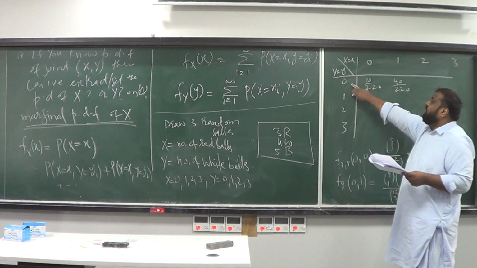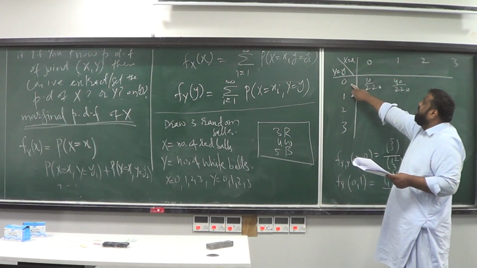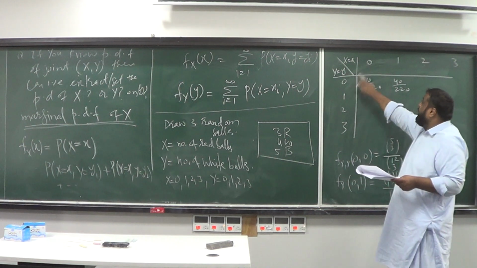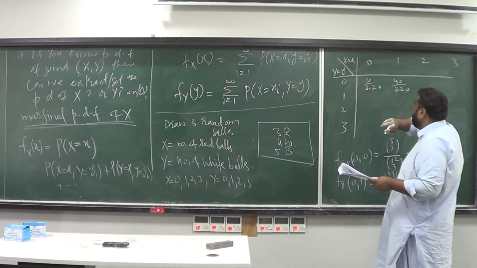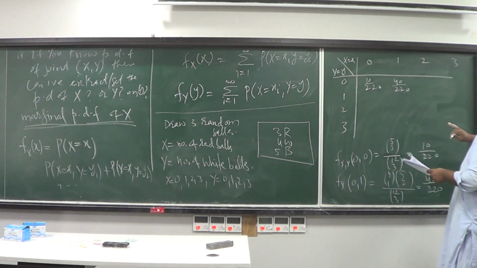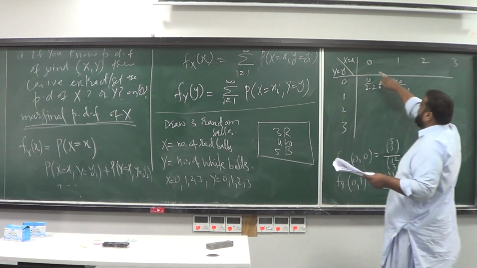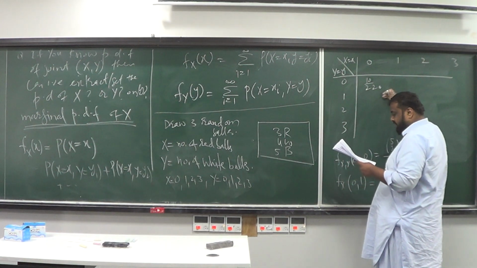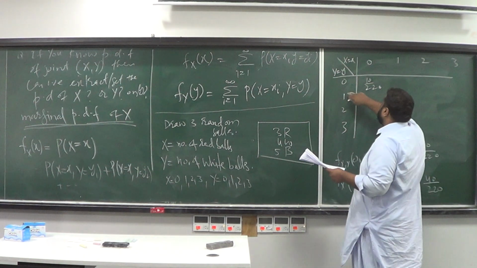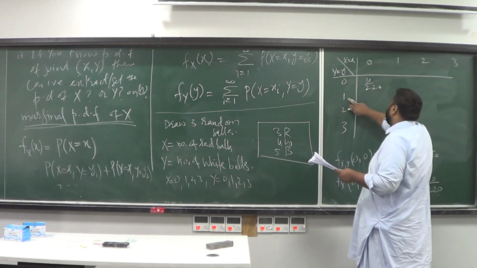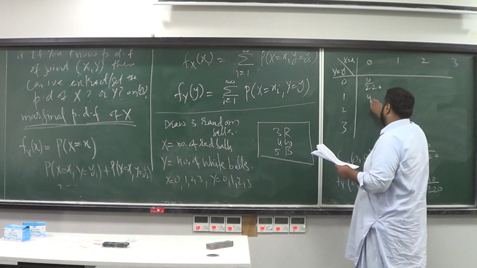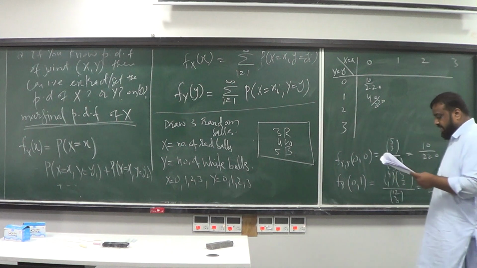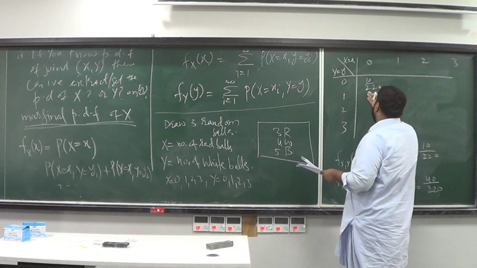In other words, no red ball and 1 white ball. Or it should be the other way around. No red ball and 1 white ball should be here. So it should be 40 by 220, and similarly all other probabilities can be computed.